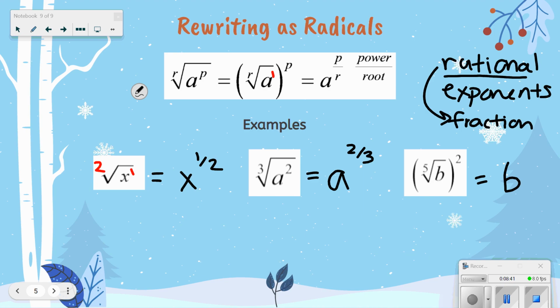What was that? 1/10. Not quite. If I have a 5th root, I know the denominator should be 5. So what's the numerator? 2. So I heard 1, I heard 2. But remember, think about this right here is a 1. So this is equivalent to the 5th root of b to the 2nd.